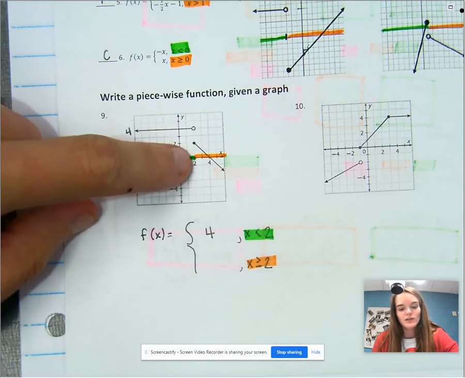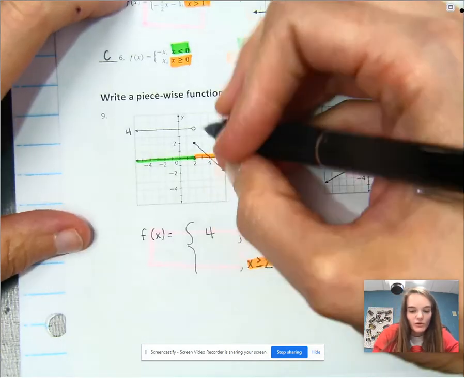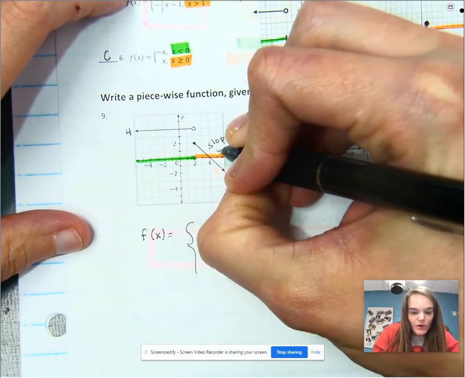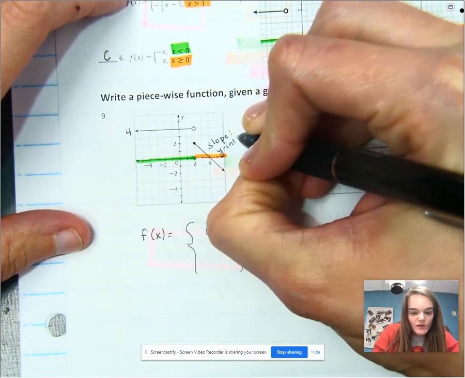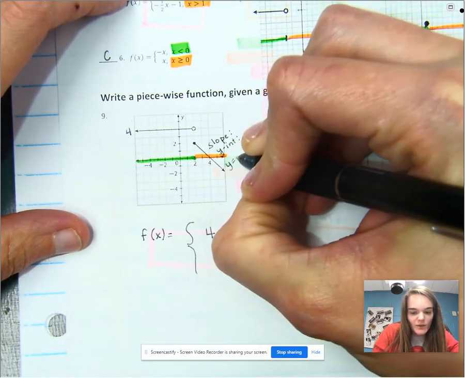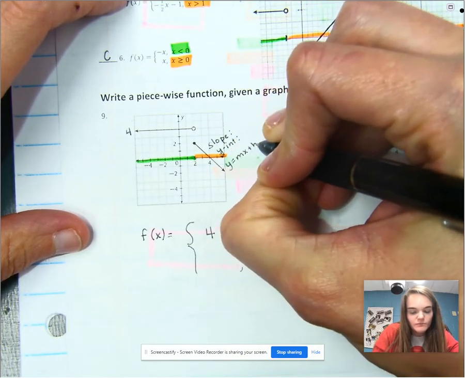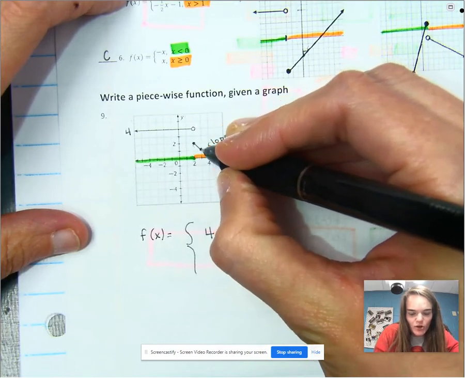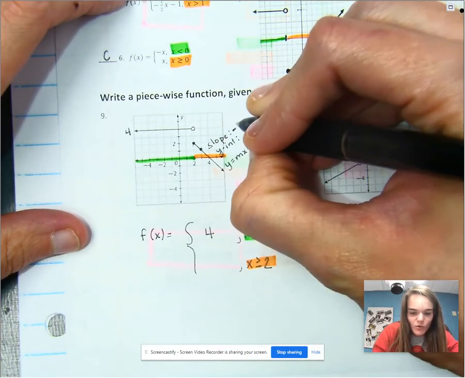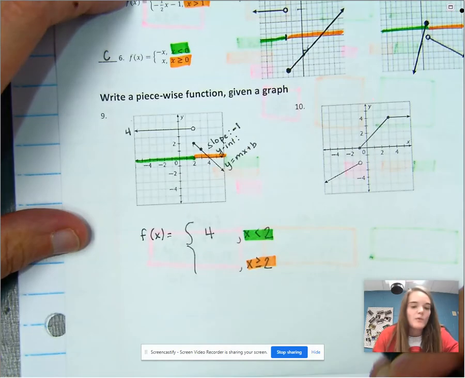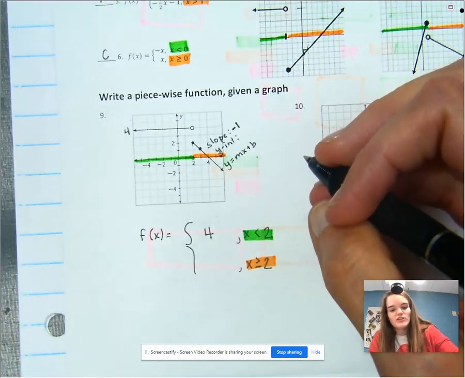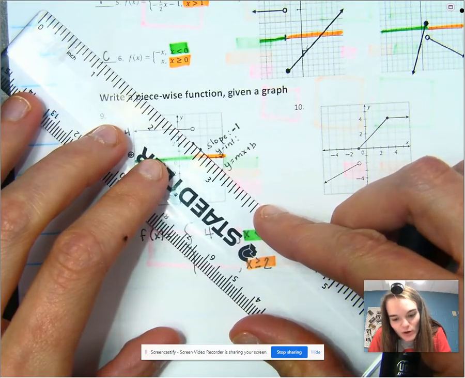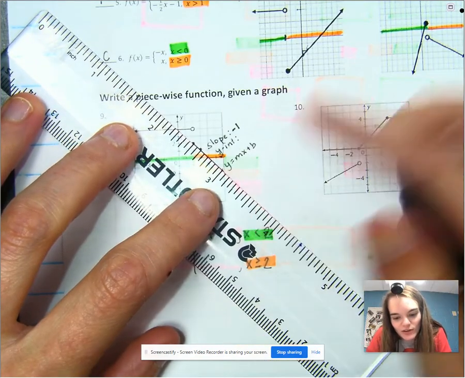All right, and here, first of all, we are going to need the slope. We will need the y-intercept. And then we will have y equals mx plus b. The slope looks like, from here to here, it's going down 1 over 1. So the slope is -1. The y-intercept, I'm going to take a straight edge and figure it out. I'm going to line this up as perfectly as I can and see where it touches.